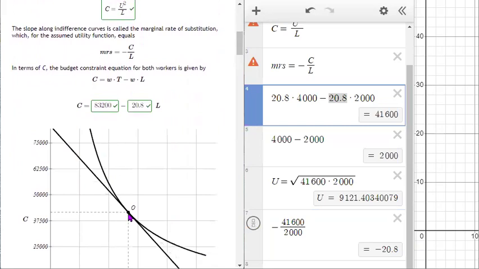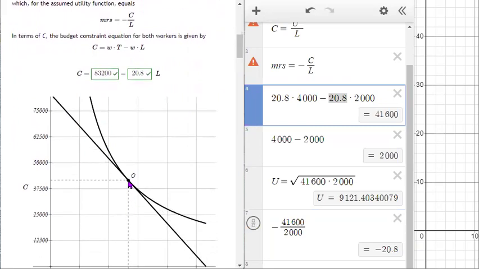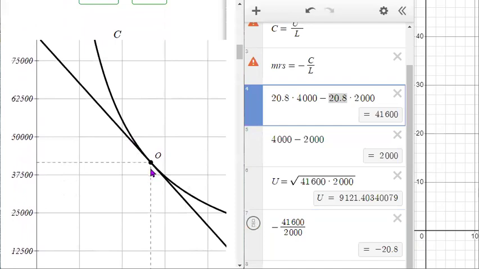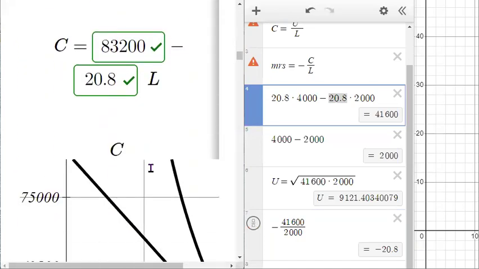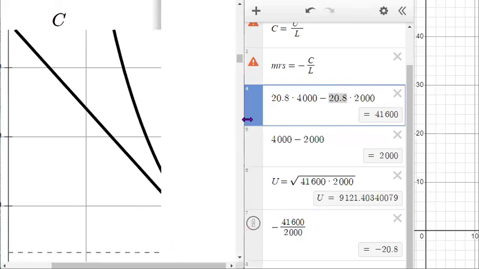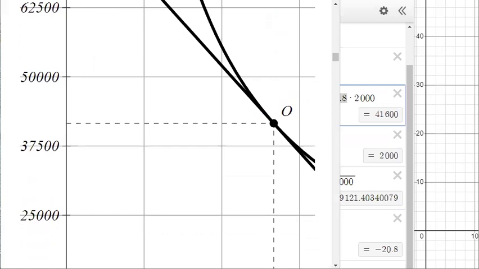Why? Because at this optimal solution, this curve is just tangent to that line. If I zoom in on this optimal solution here, you can see that the indifference curve looks like the budget line, and both have the same slope.